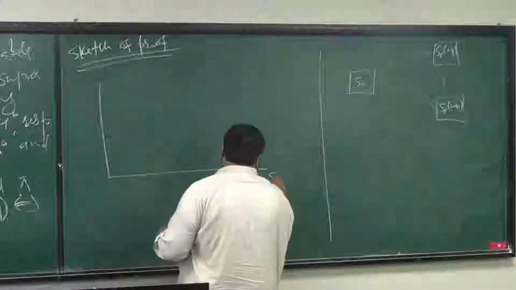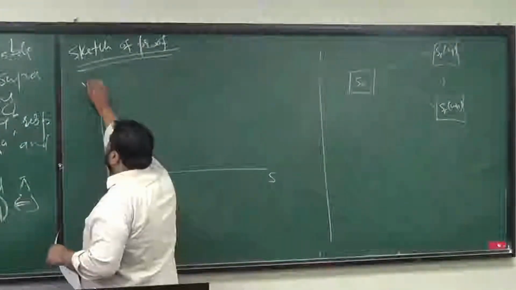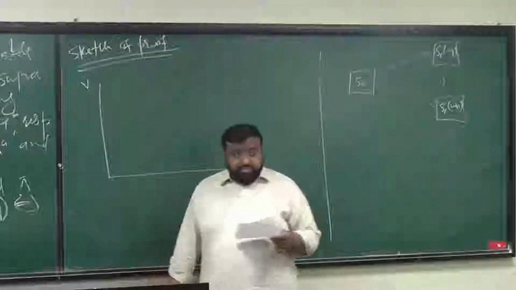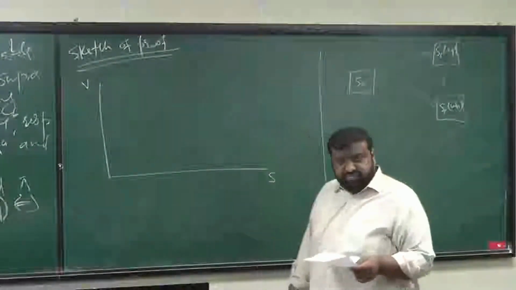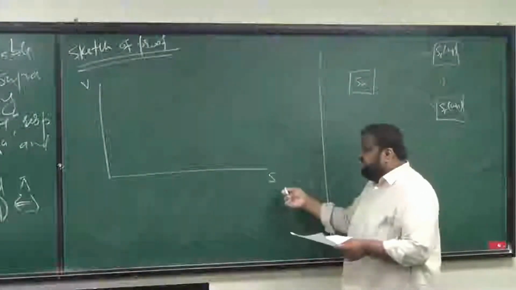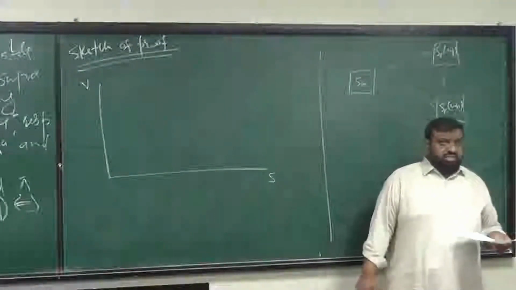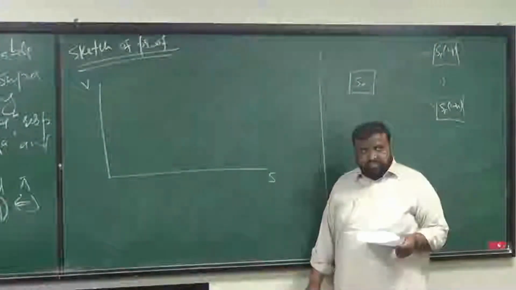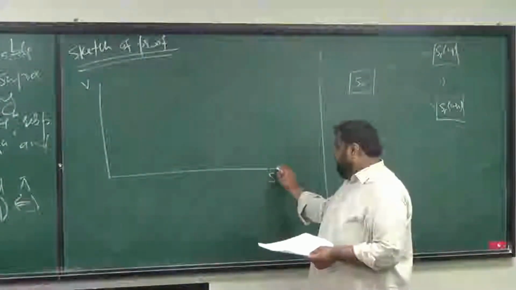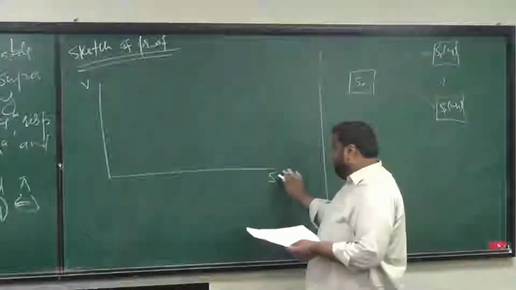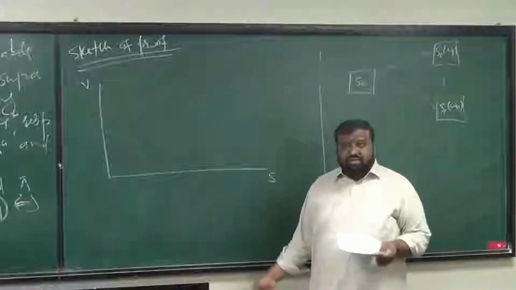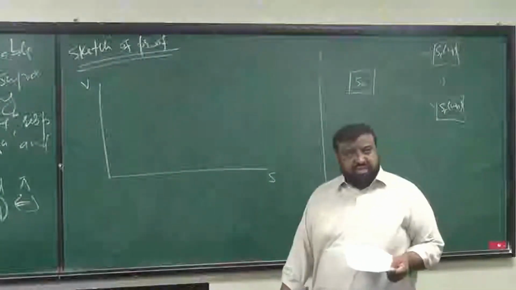So consider S and V axis, where S represents the discounted stock price. We should put S bar, but for the sake of simplification, it's better to put S actually.